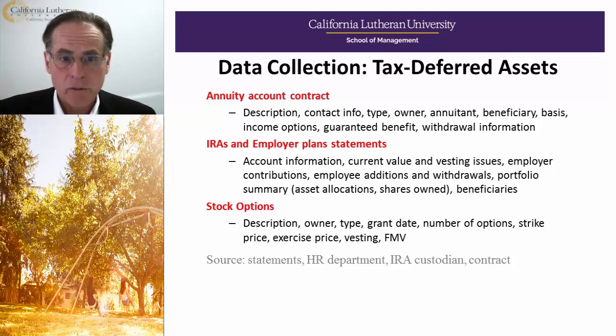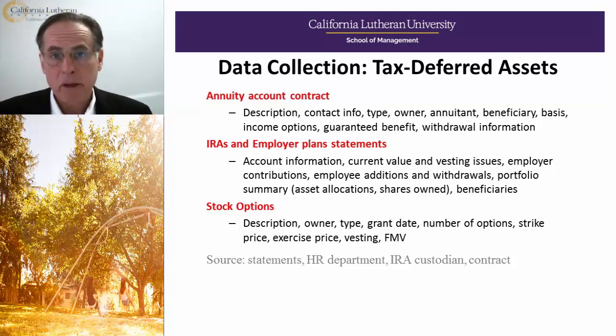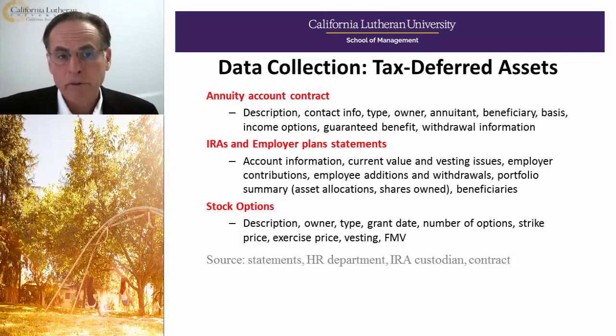The annuity contract, well, the description, you want to find out what is that about, who is the owner, who's the annuitant, what are the income options or the guaranteed benefits, the time of that, who's the beneficiary, what is the basis that's been contributed to that, and any other withdrawal information.